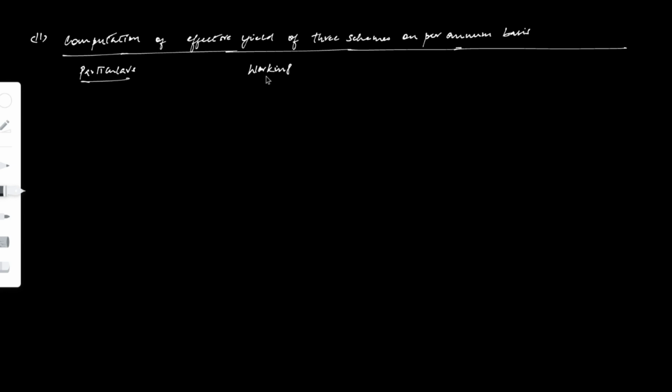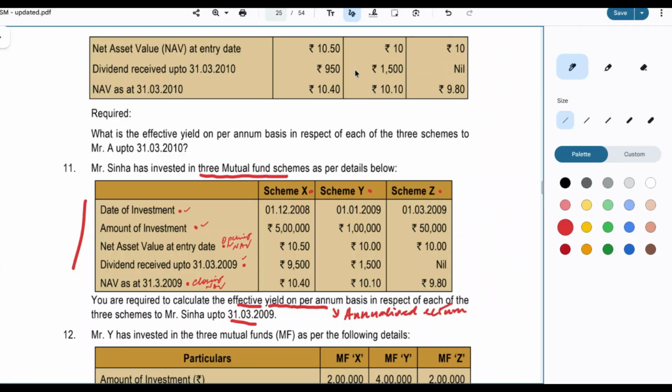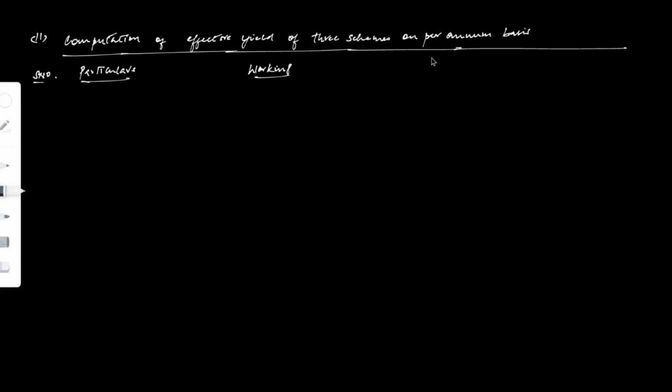Serial number, particulars, working. What are the schemes? X, Y, and Z. Schemes X, Y, and Z. Okay.